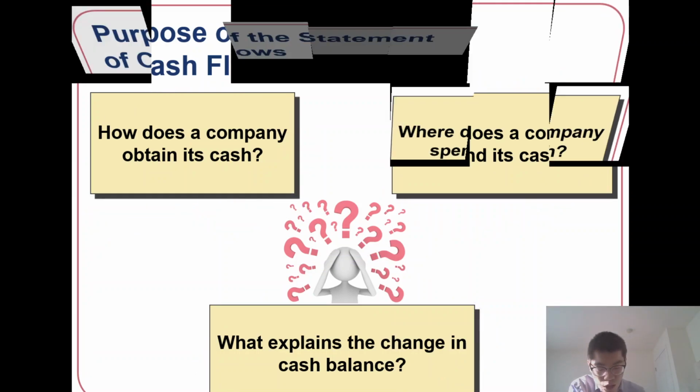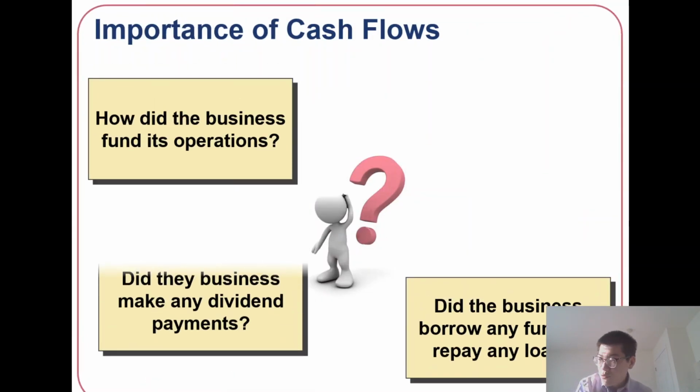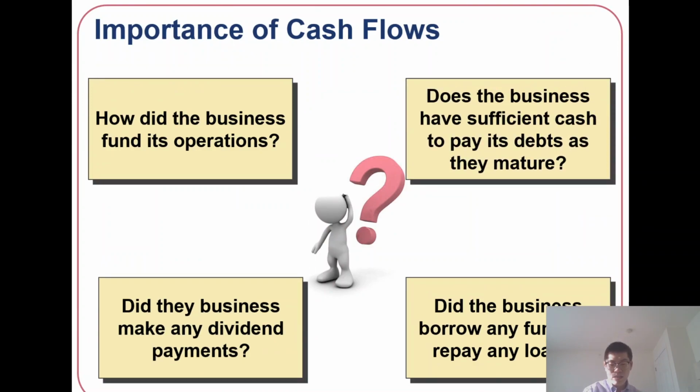In addition to these three questions, there are some other questions that the statement of cash flows can help answer. How did the business fund its operations? If we have enough cash generated from our business operations, then we don't need to worry about funding cash from financial institutions. But if that's not the case, then we're going to find some other ways to fund our cash.